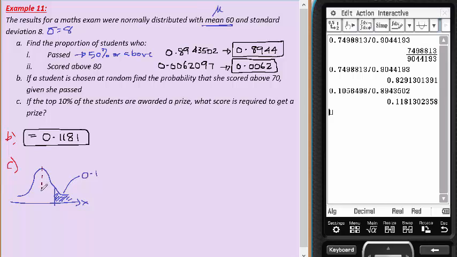Remembering my question tells me that my mean is 60 and my standard deviation is 8. So let's write the mean 60, the standard deviation is 8. I can use the calculator to find this out. And what I'm going to do is I'm going to use a function called the inverse distribution. So let's go to that.